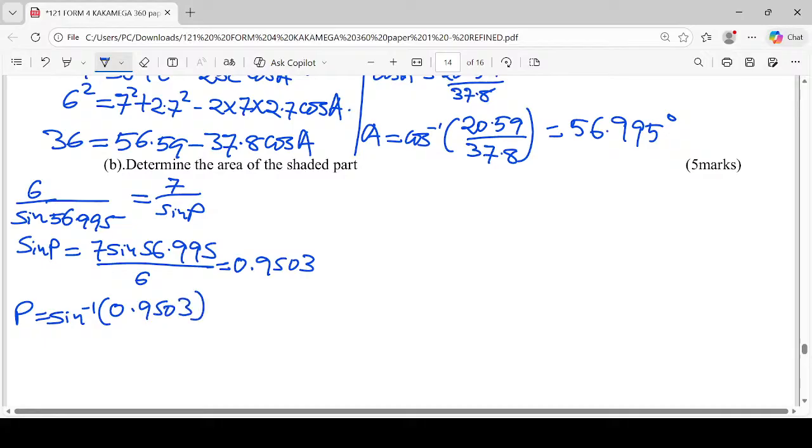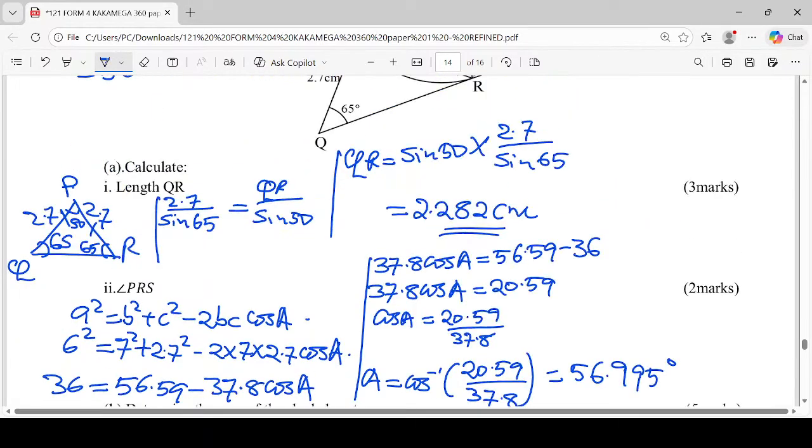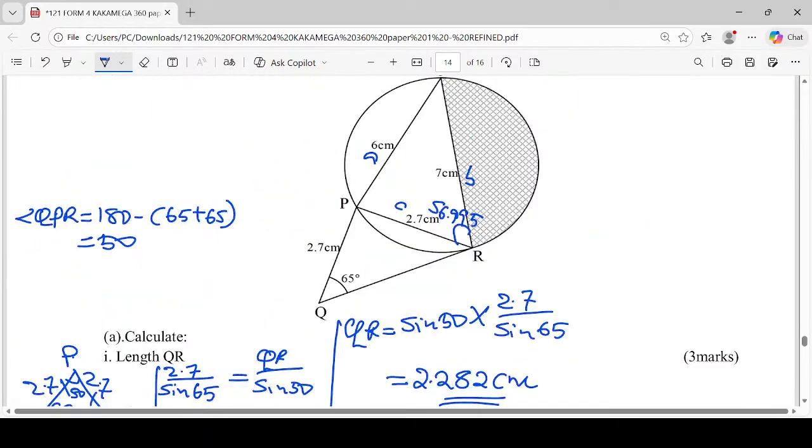So the angle at P is 71.86 degrees. This angle here, 71.86 degrees.